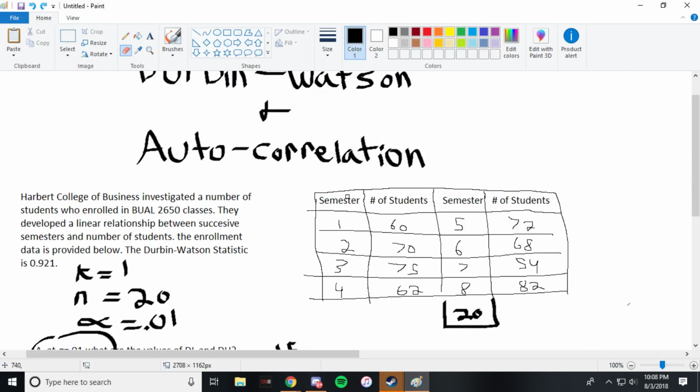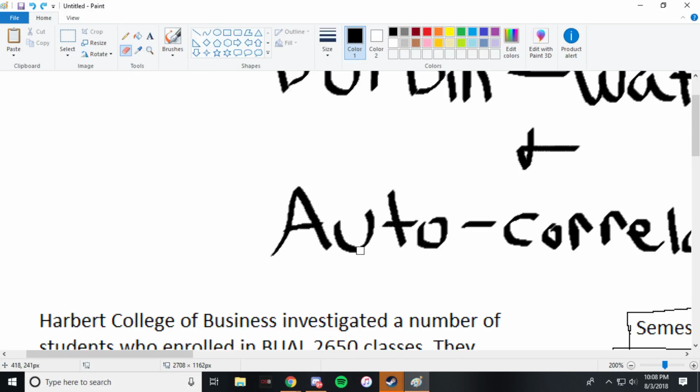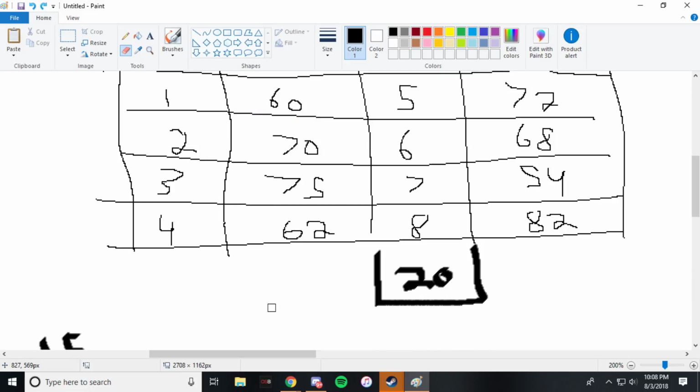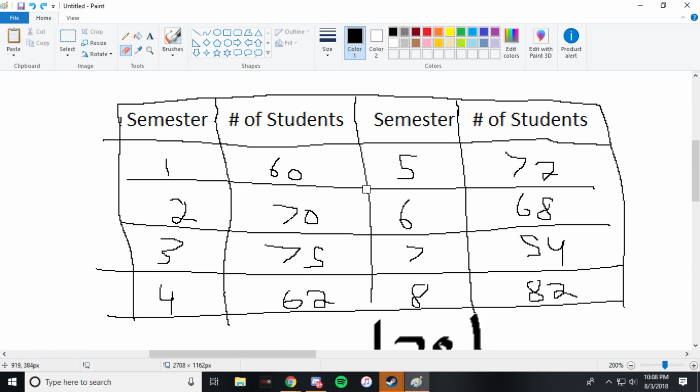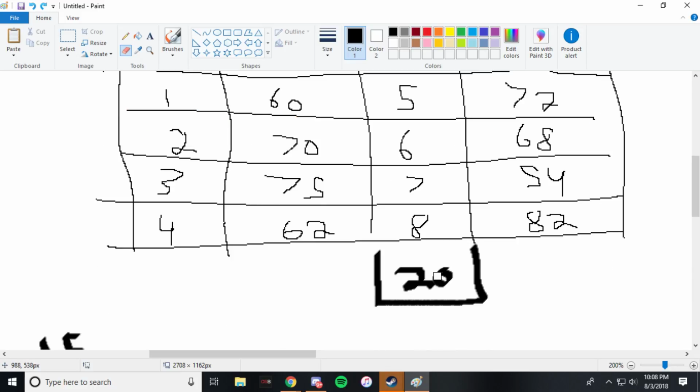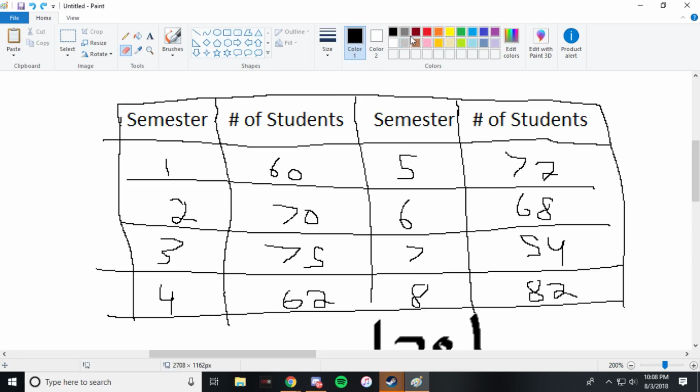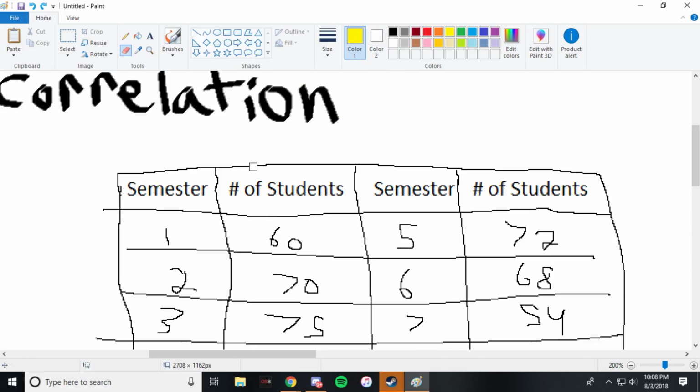Here is our table over here. As you can see, it is semesters and number of students. We're going to assume that the semester number goes all the way to 20, and now we have our variables. It looks like there are two, but our K, which is what we want to know, is our number of independent variables.